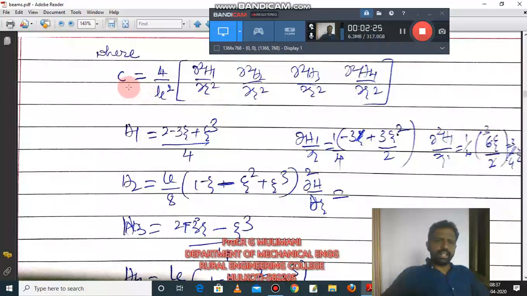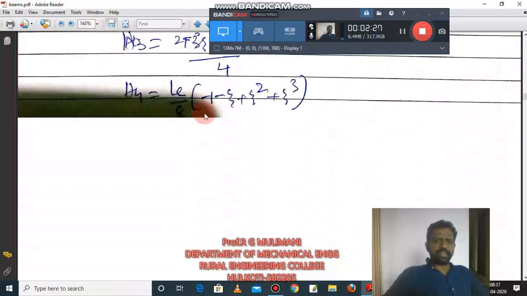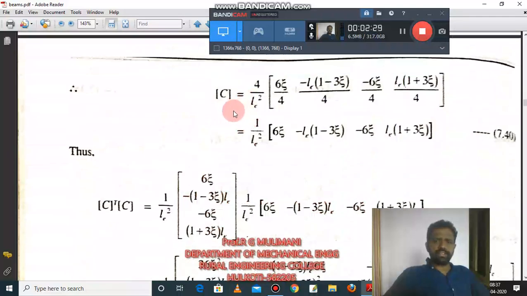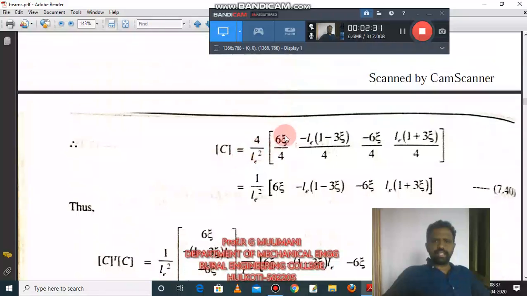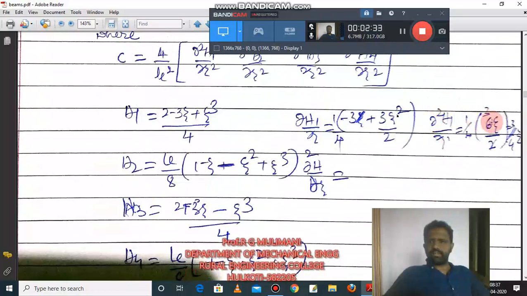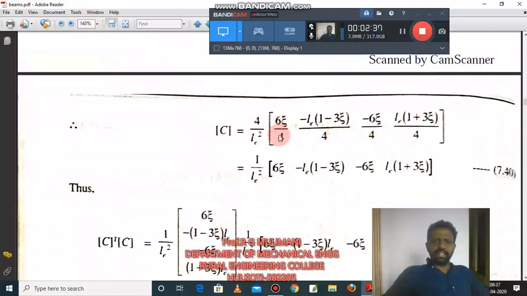Then transpose it, that is the CT matrix. Substituting all these values, we have 6 zeta by 4, 6 zeta by 4, 6 zeta by 4; 2 is not there. Then differentiate dou square h2 by dou zeta square; this is the value. Similarly dou square h3 and dou square h4 by dou zeta square.